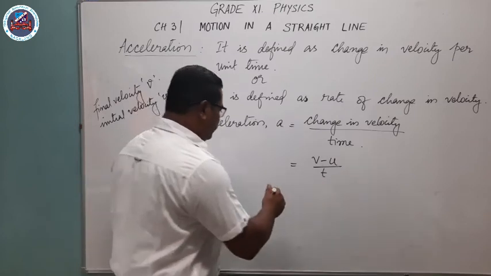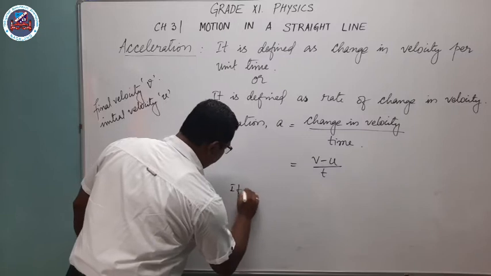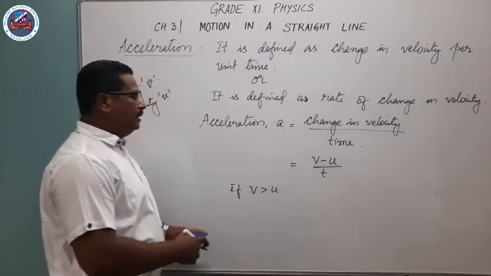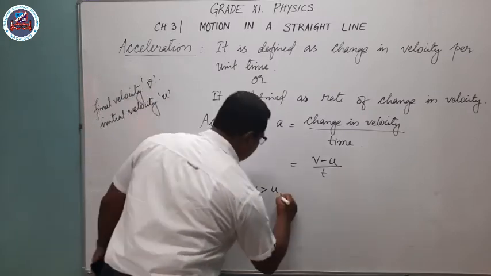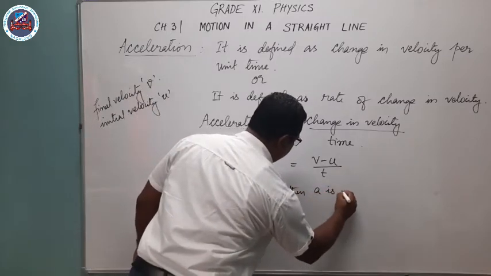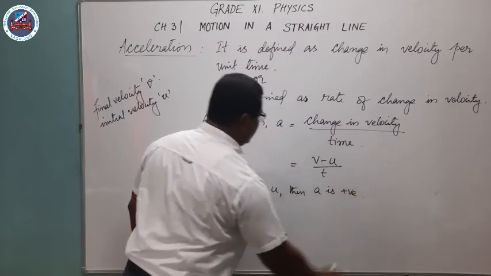Now here, if V is bigger than U, that means the final velocity is more than the initial velocity, then acceleration is positive. Positive acceleration, you will get it.